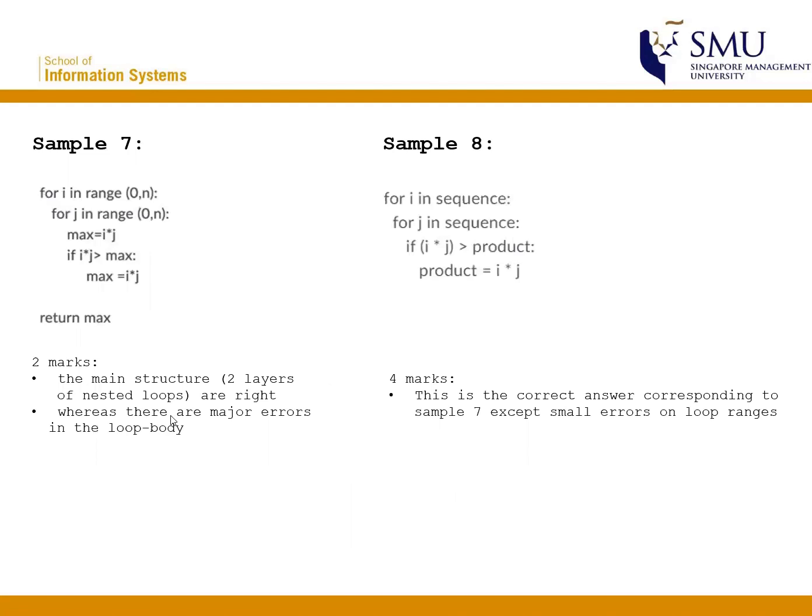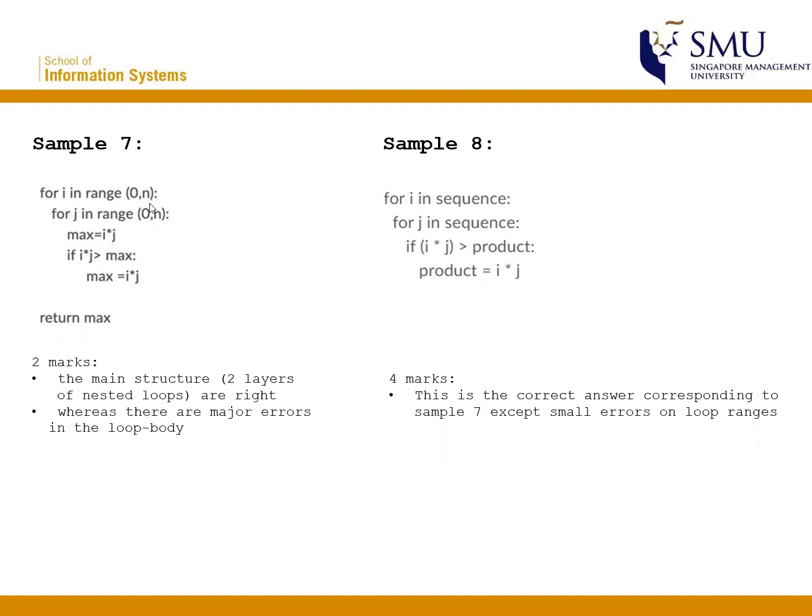For sample 7, there exist two layers of for loops, so it will get 2 marks first. However, the problem is that within the for loop, the max equals i times j. Remember, i and j are the positions instead of the real values. So actually, this sample will not work.